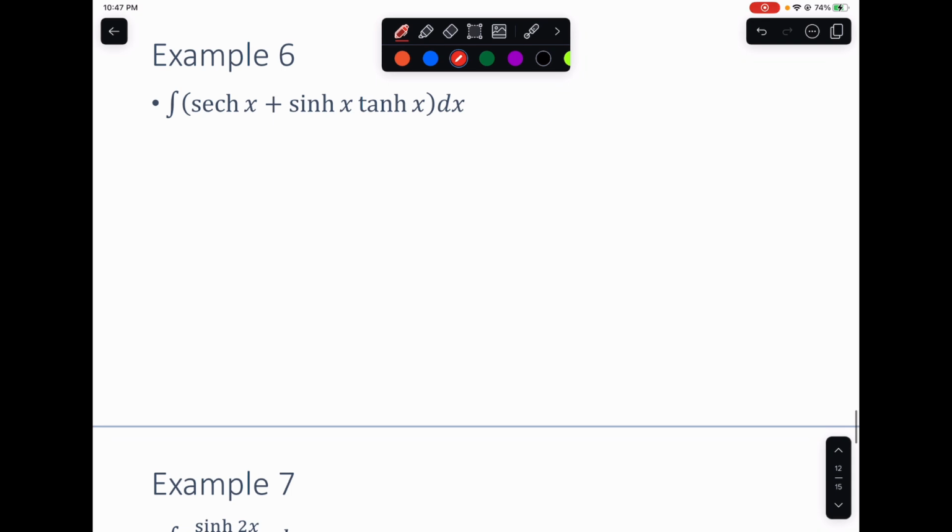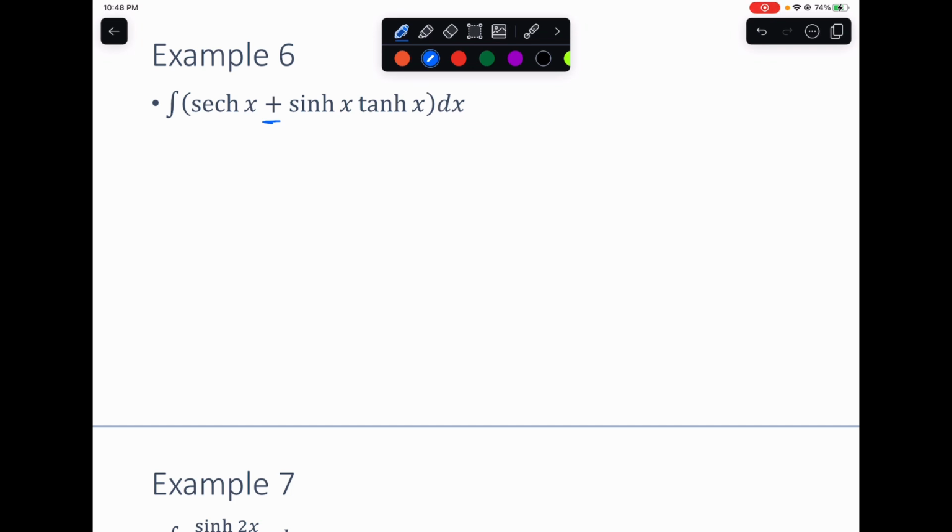So for number 6, we have hyperbolic secant x plus hyperbolic sine x times hyperbolic tangent x dx. Looking at the given integrand, there is a sum involved, and we can use the sum and difference rule, wherein we can distribute the integral operation on the two terms.